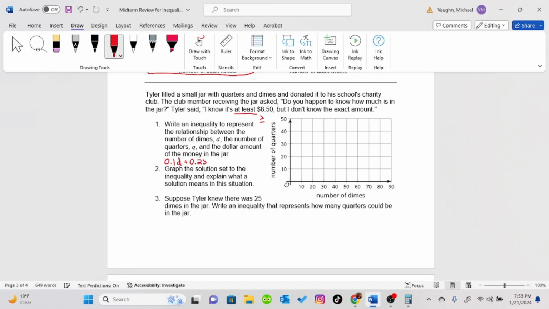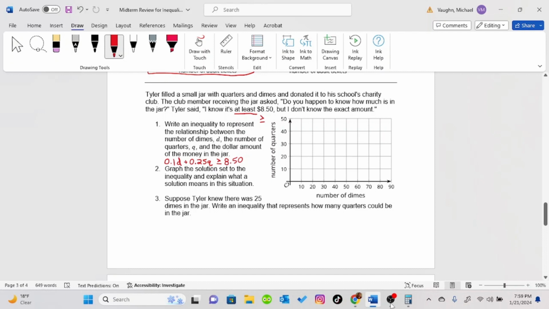So 0.25 times the number of quarters and the dollar amount of money in the jar. We said at least $8.50 means greater than or equal to $8.50.